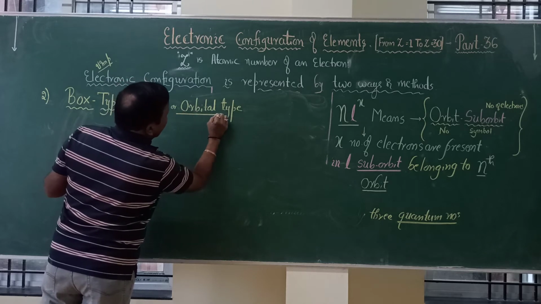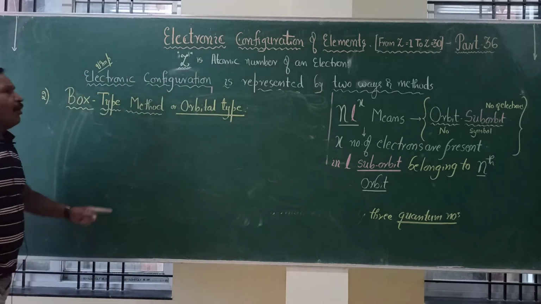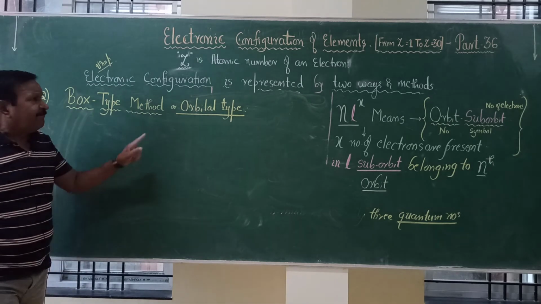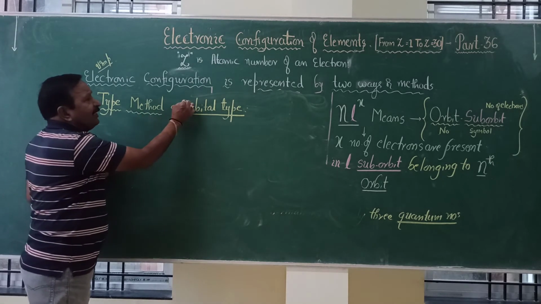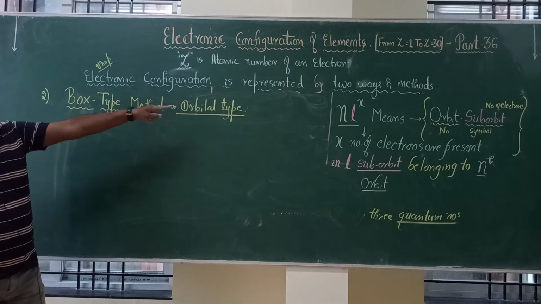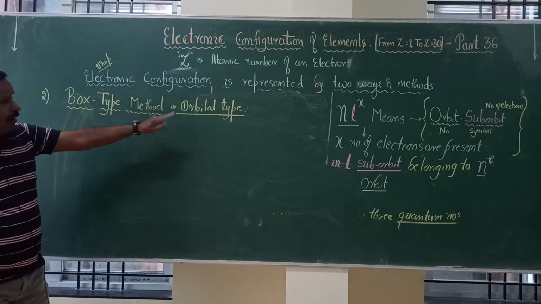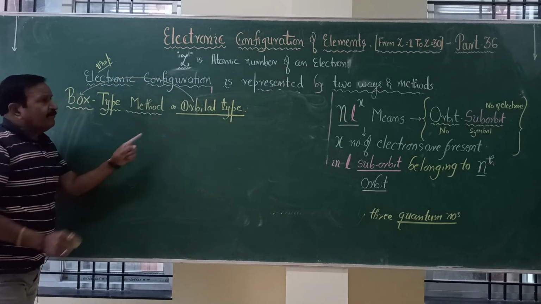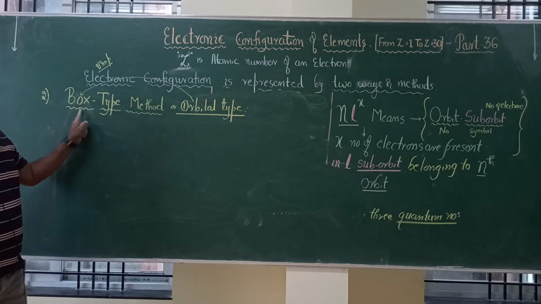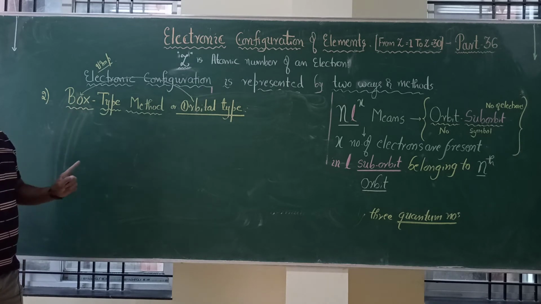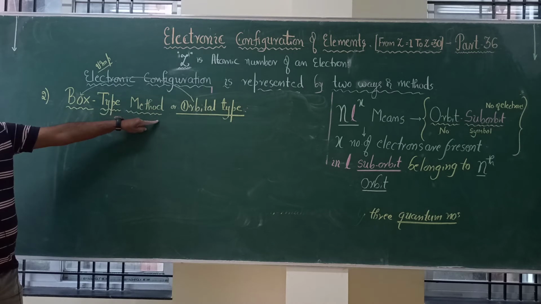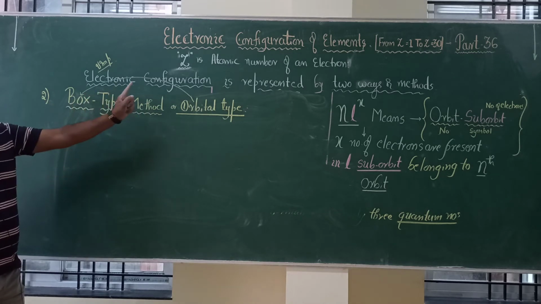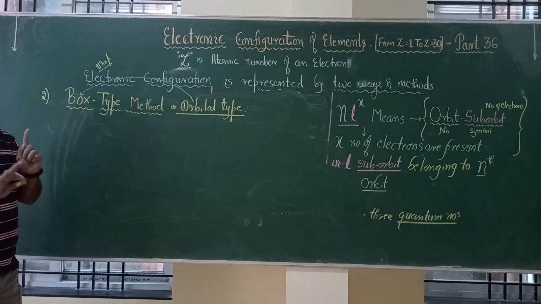Here we are using orbitals directly. And which type of orbitals are we going to use? We will not use the shape of orbitals; we are using orbitals in the form of boxes. Remember, boxes are fixed for the orbitals. We are not going to write a spherical shape for s, dumbbell shape for p orbital, or double dumbbell and dumbbell for d orbitals. We are not using the shape.